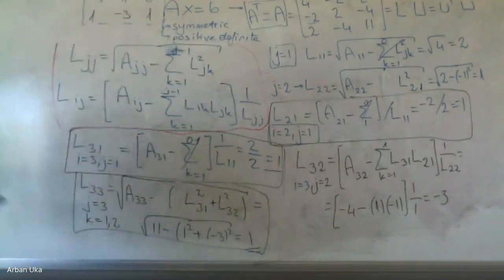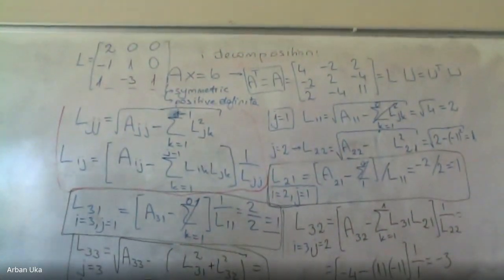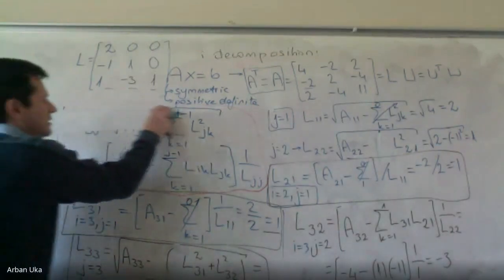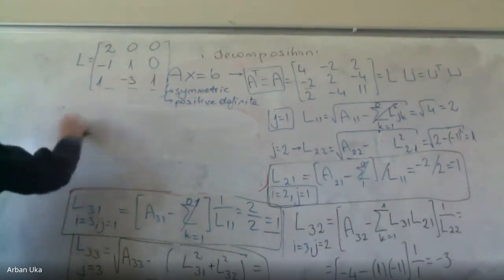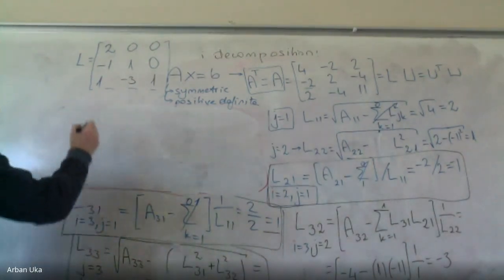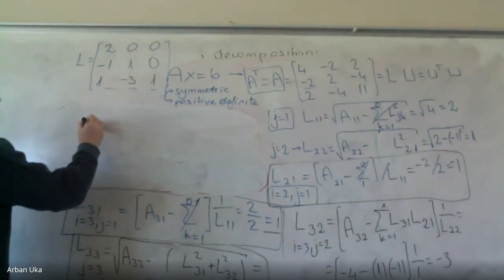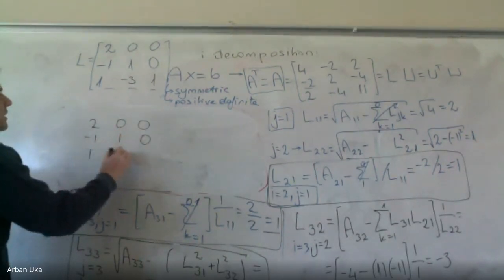So this is how we can use the Cholesky decomposition. And the idea then is, since we found this decomposition of the matrix A, we get that the matrix A should be equal to 2, 0, 0, minus 1, 1, 0, 1, minus 3, 1.